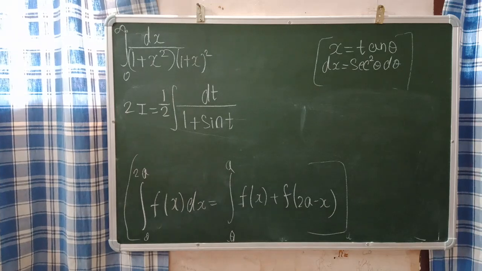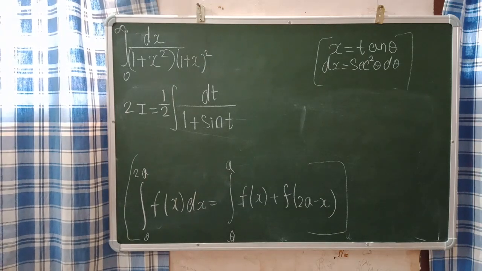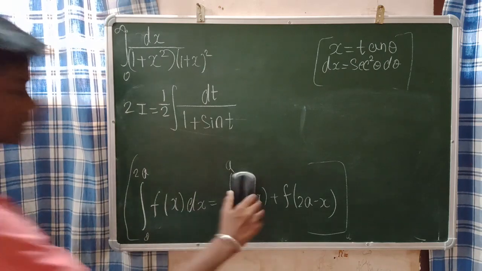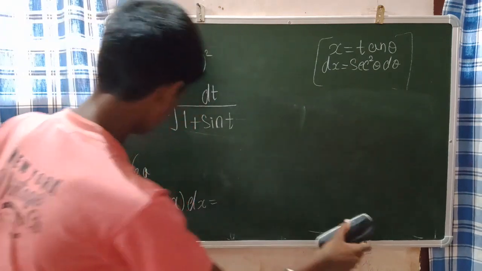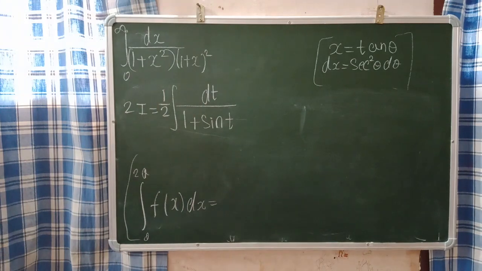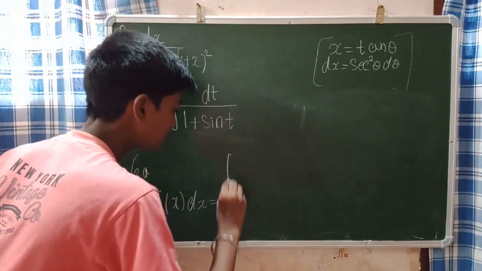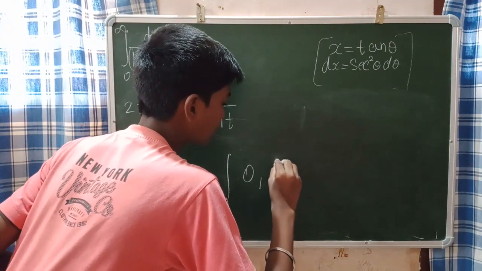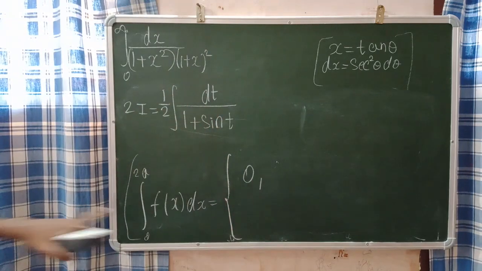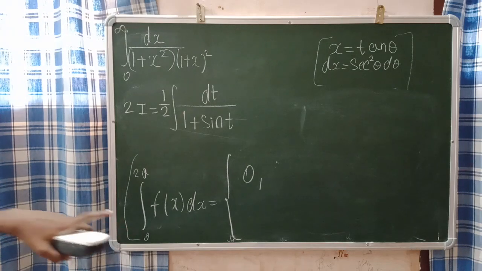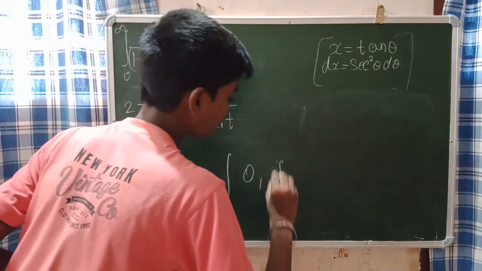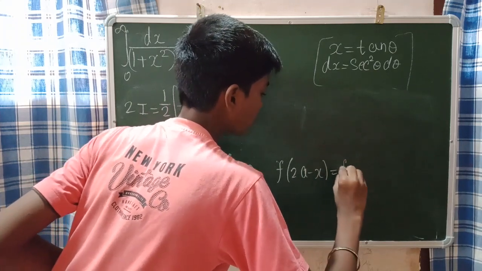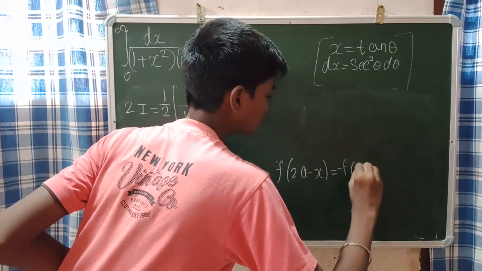Now there's a special case for this. What is this special case? The special case is this: integral of f of x dx from 0 to 2a will be, guys, listen carefully, very important part, 0 if f of 2a minus x is equal to minus of f of x.